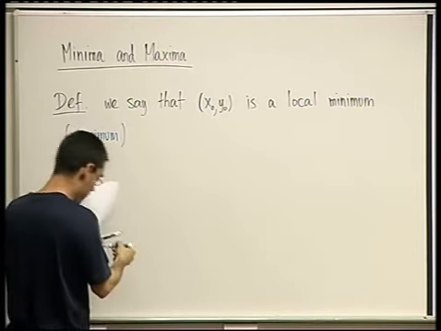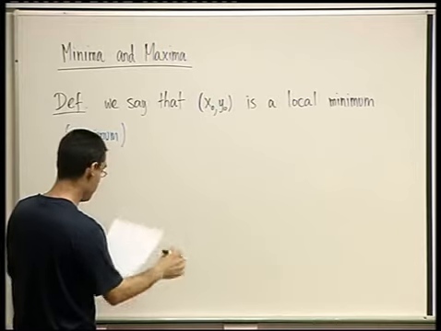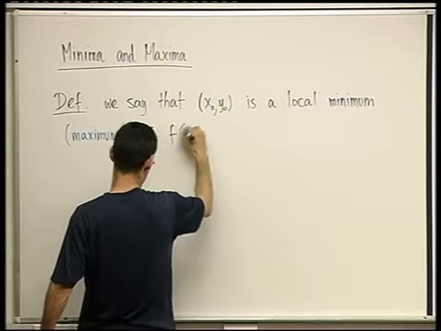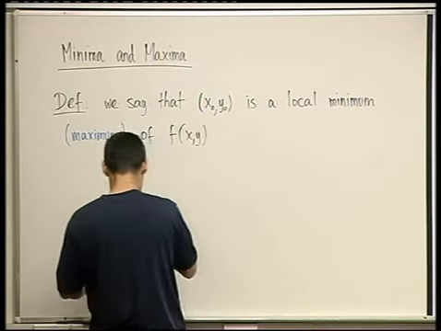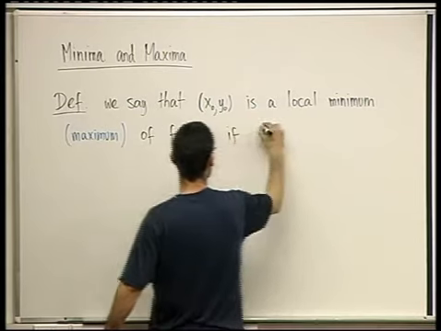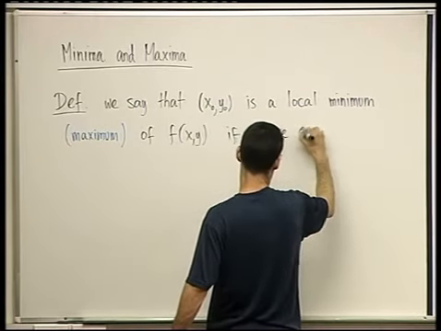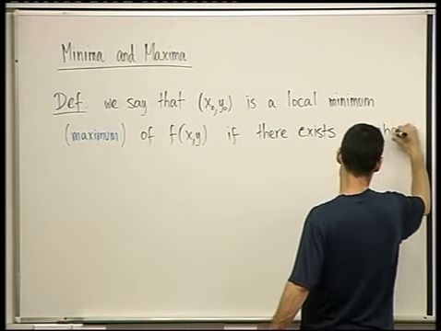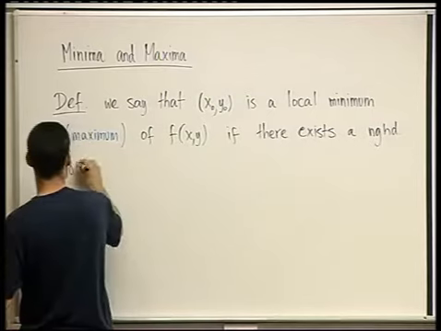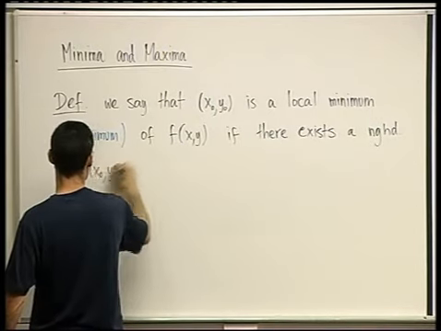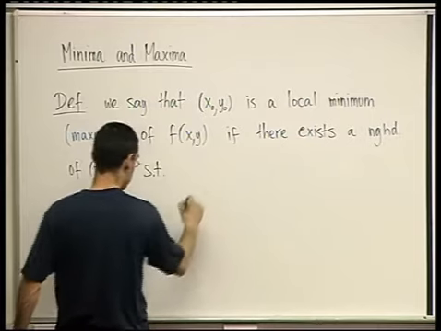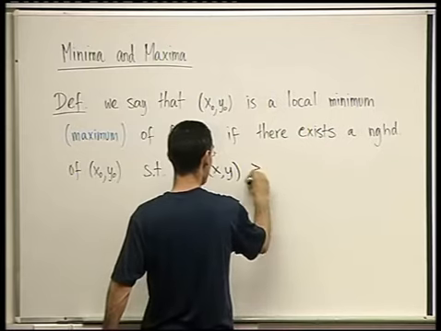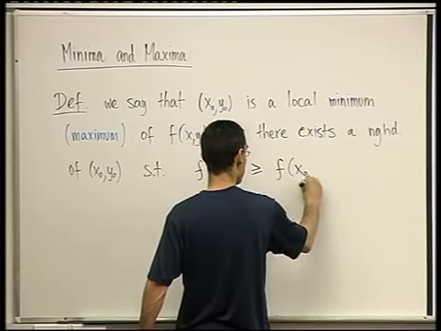So the condition for maximum is going to be separate. x0 is a local minimum or maximum of f(x,y), of a two-variable function, if there exists a neighborhood of (x0, y0) such that f at (x,y) is greater than or equal to f at (x0, y0).